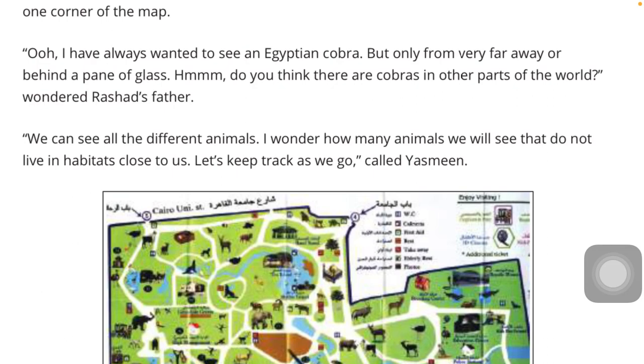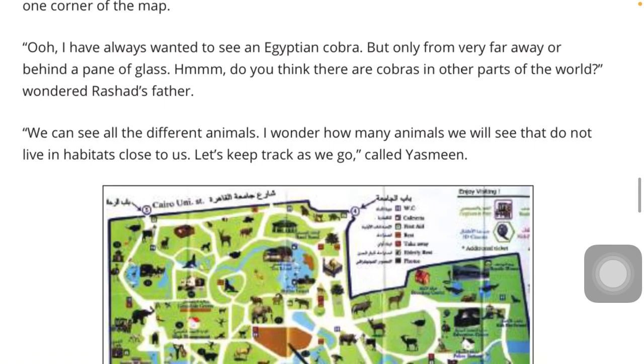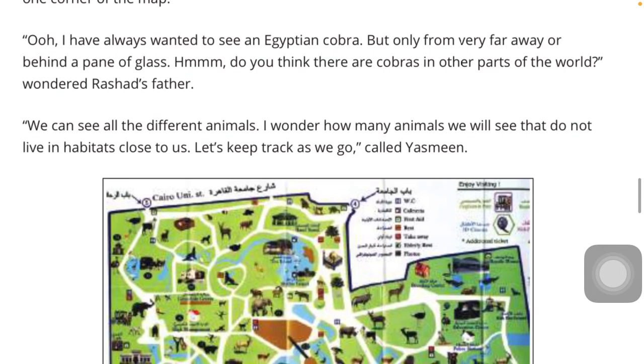We already know the meaning of snack, but snake, the wild animal or reptile. الثعبان. Okay? But only from very far away or behind the pane of glass. مقدرش نشوفه غير من ورا الإزاز.